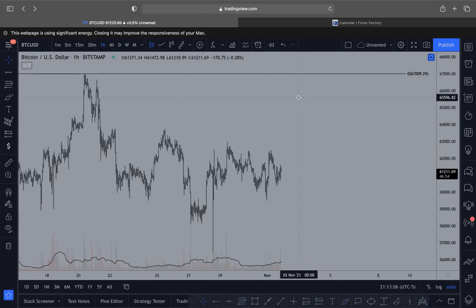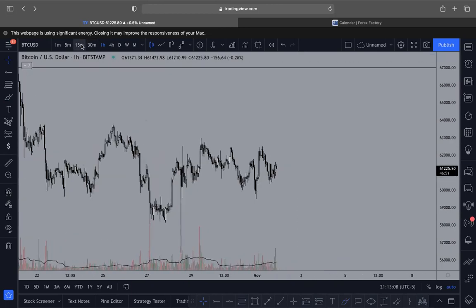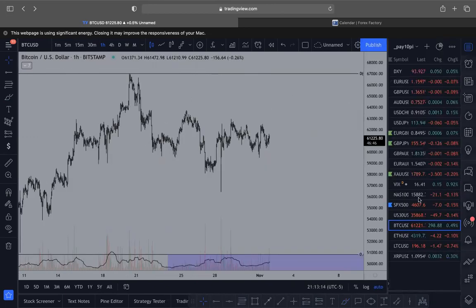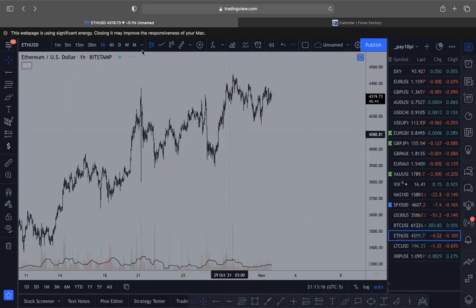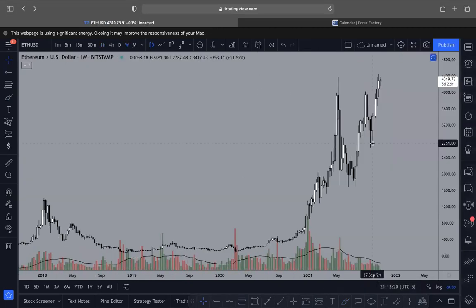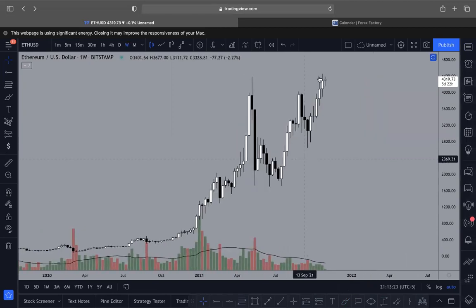If it does make any impulsive moves, I swear the 61.8 works wonders on crypto. It really does. So let me go to Ethereum and see how this one's looking. Very bullish. Very nice. So this doesn't even look bearish to me at all. This looks a lot more bullish, like this is just going to continue up.